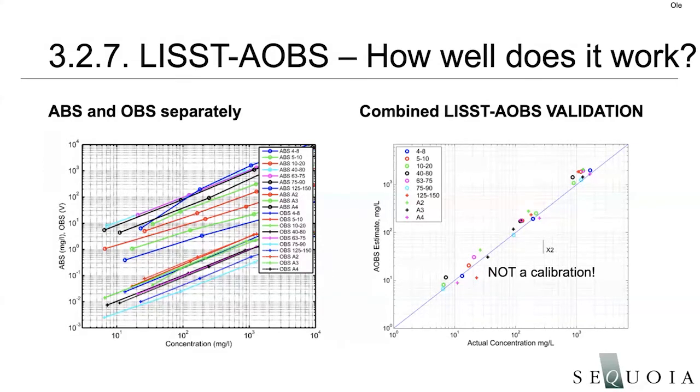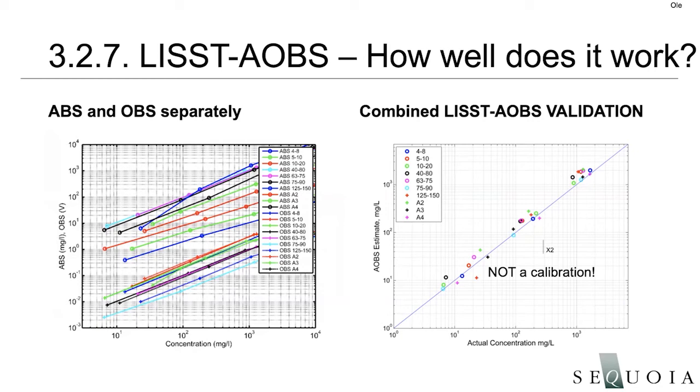Then all the curves start to fall on top of each other. For particle sizes that are smaller than that, the signal from the AOBS is also smaller, so it underestimates, as it should.